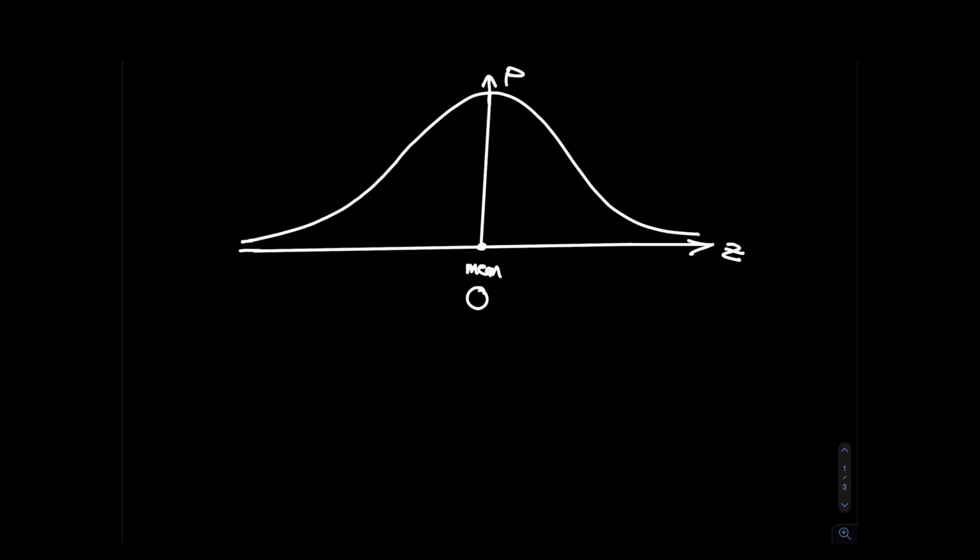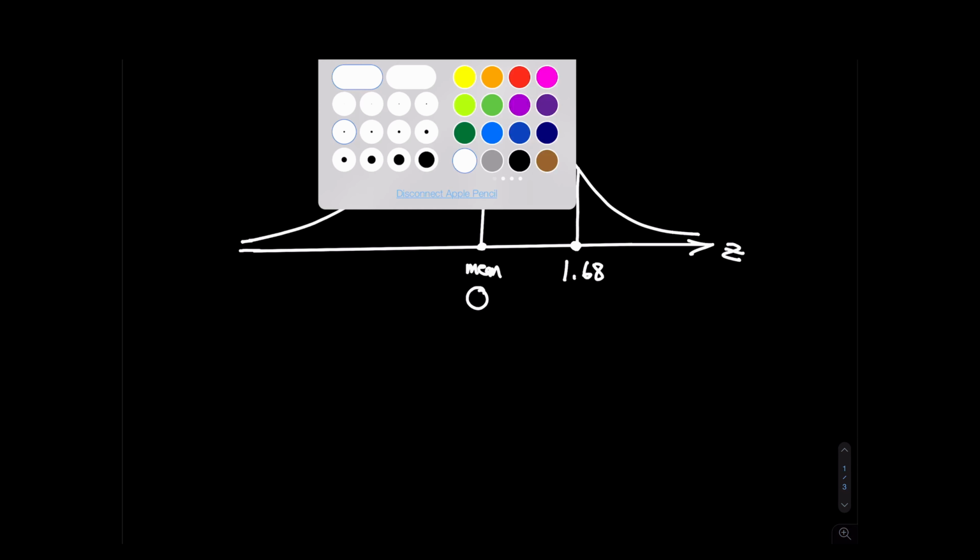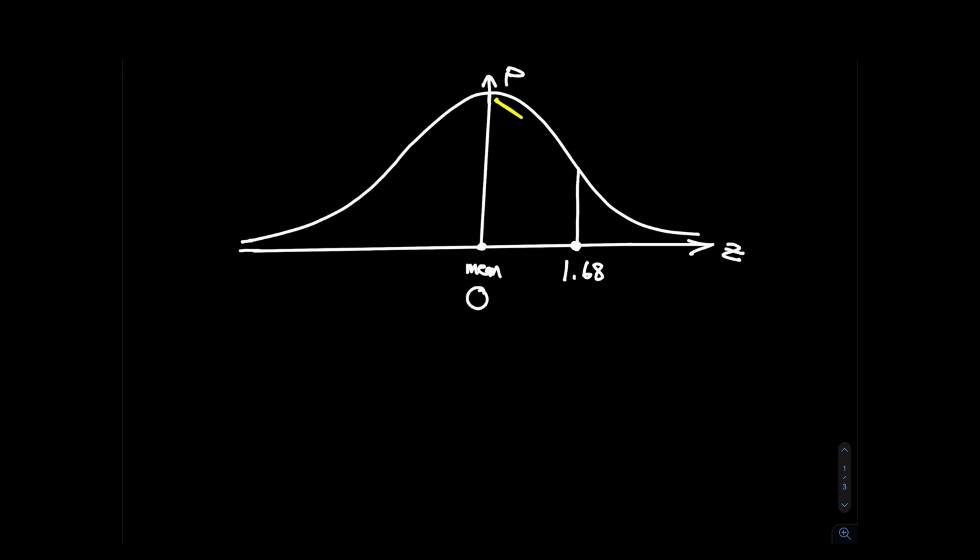So if the mean is 0, and let's say I pick a z-score of 1.68, and say I find the area or the probability between that number and the center, the average. So I'm thinking about this area right here between the 1.68 z-score and a 0 z-score.